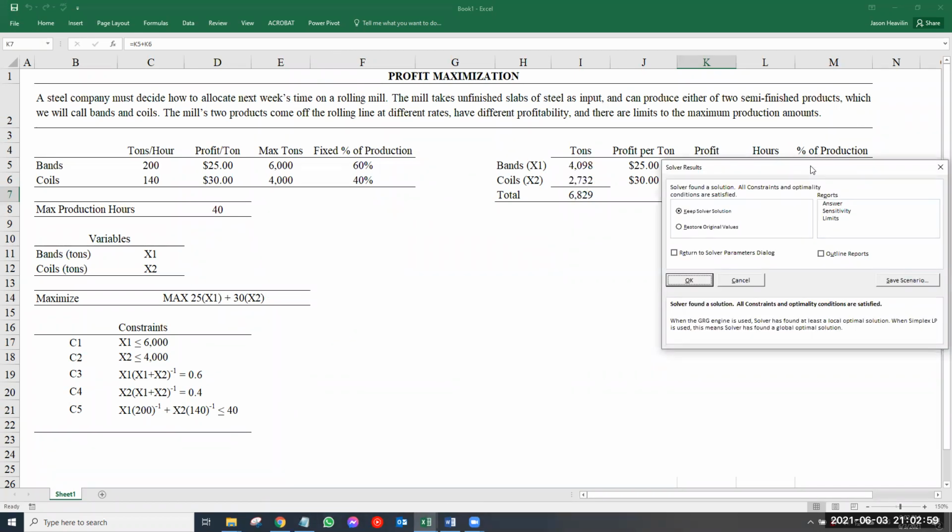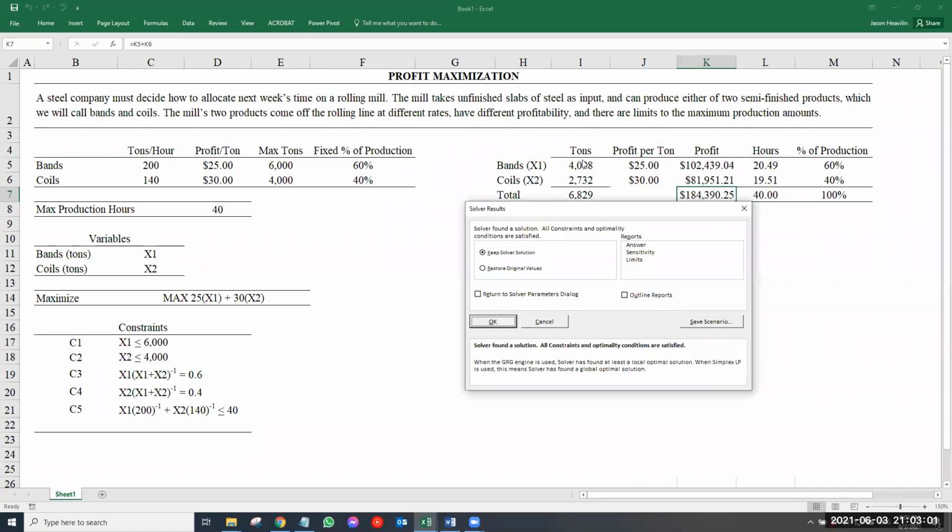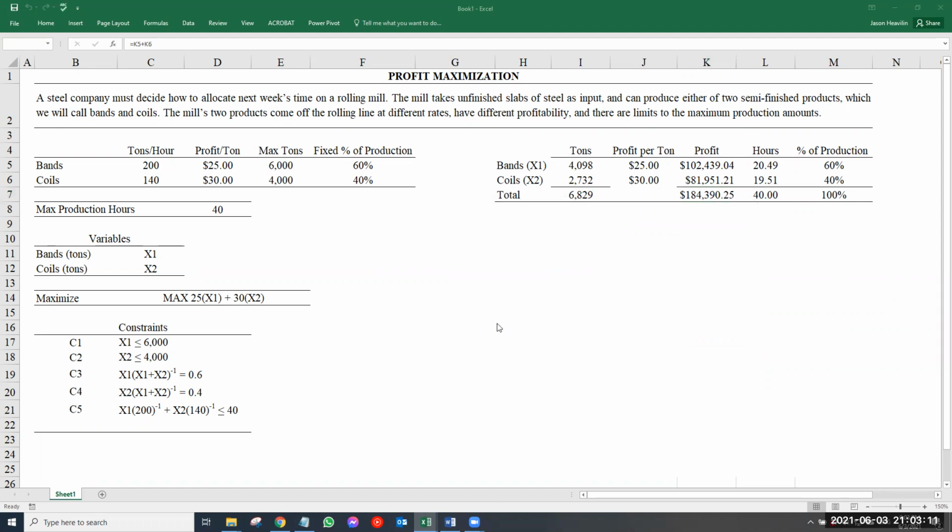Now it's going to let you know that it found a solution and it's going to populate it for you. And then you get to keep it, restore the original values, go back, and you have the options. But if it worked, you just hit OK. So here's a solution. It's telling you that you want to produce 4,098 tons of bands and 2,732 tons of coils.